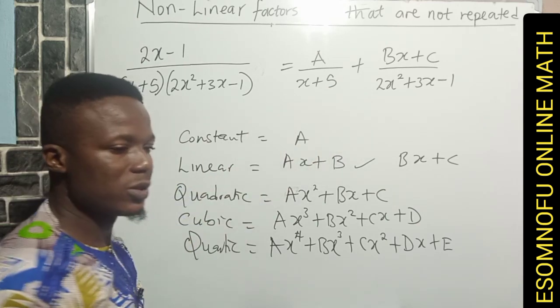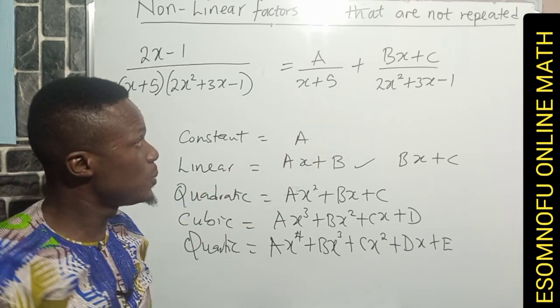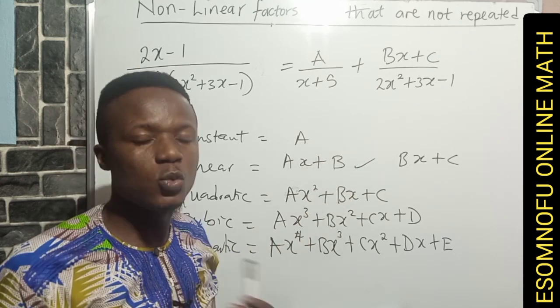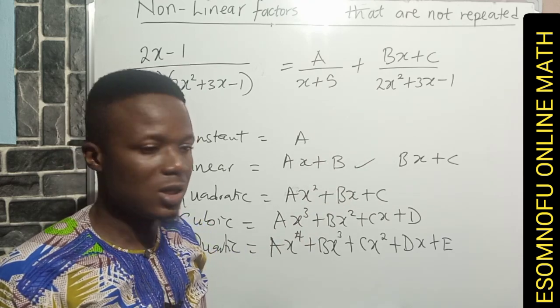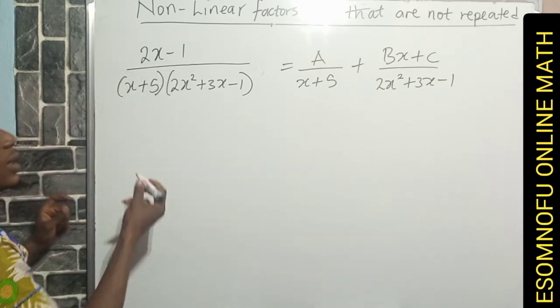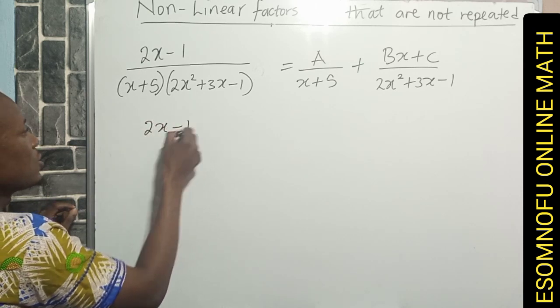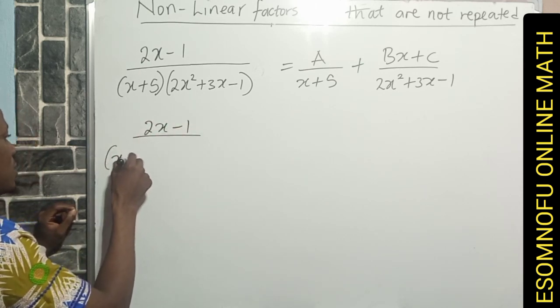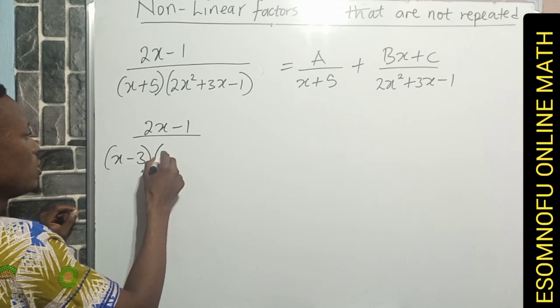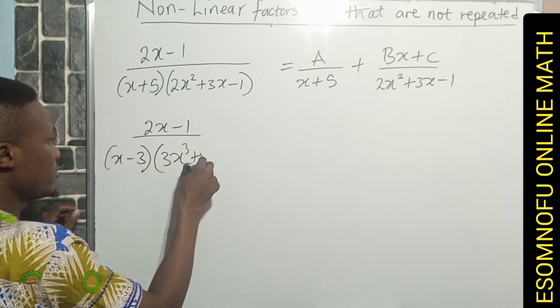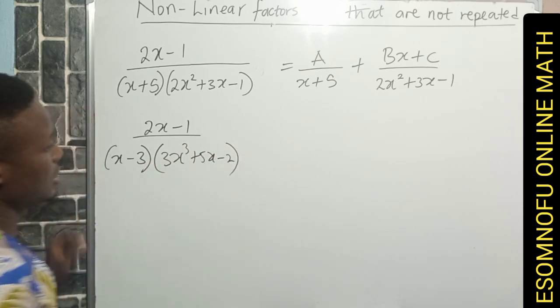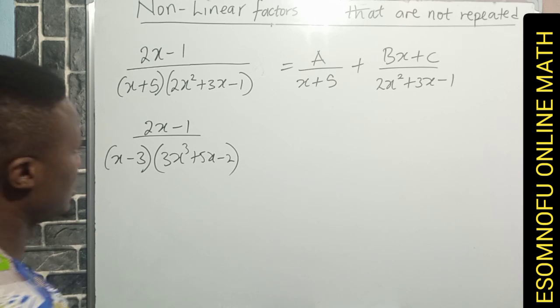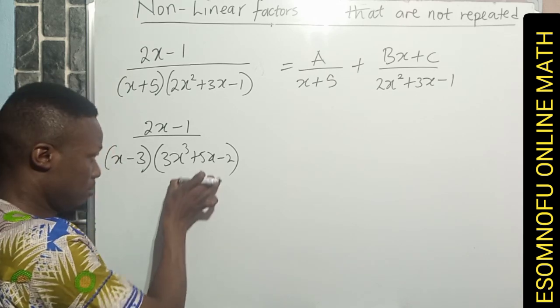Then you continue the process of splitting it into partial fractions, which we are not here to discuss. Supposing I have (2x minus 1) all over (x minus 3) into (3x cubed plus 5x minus 2), for instance. This is a cubic expression.